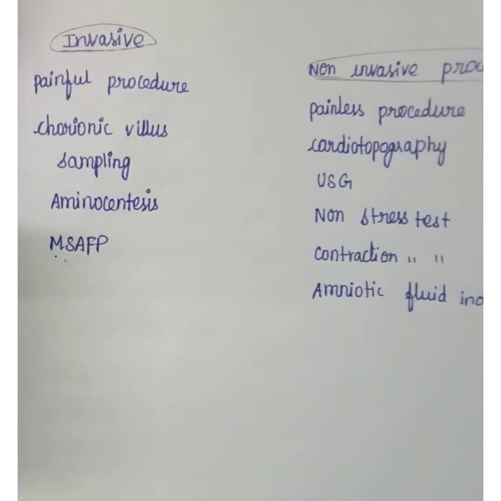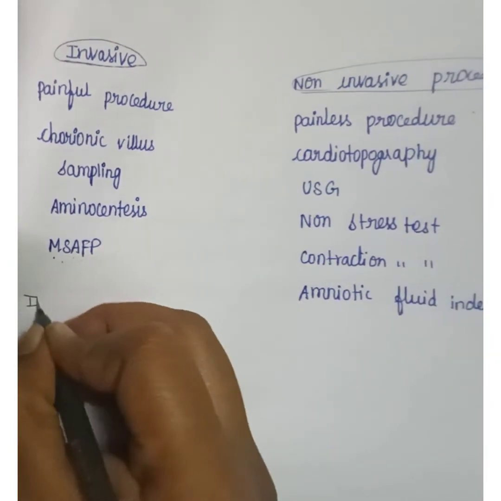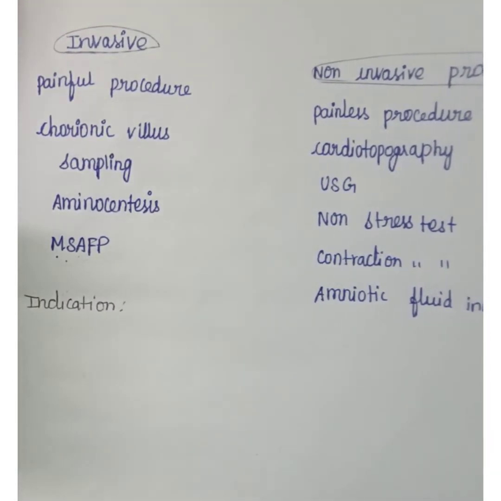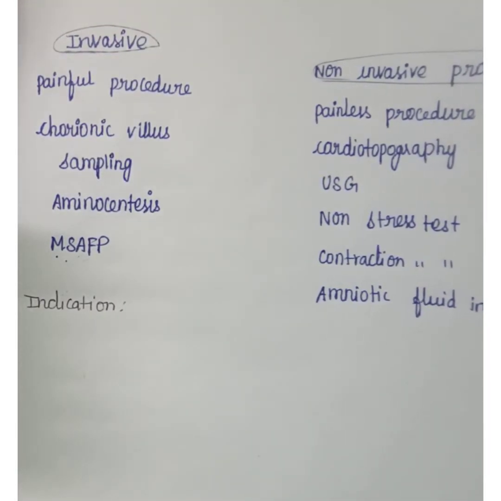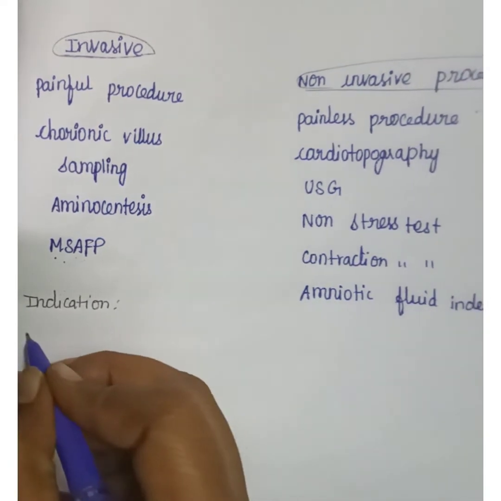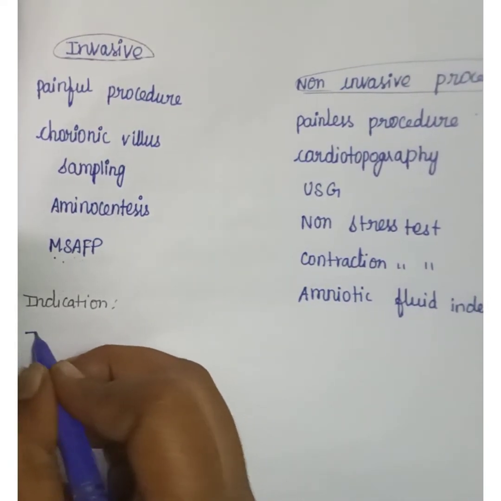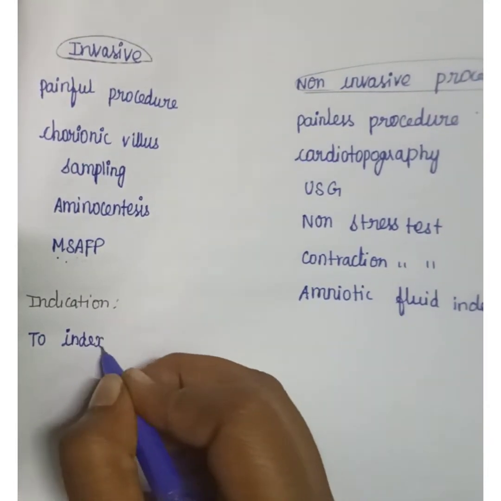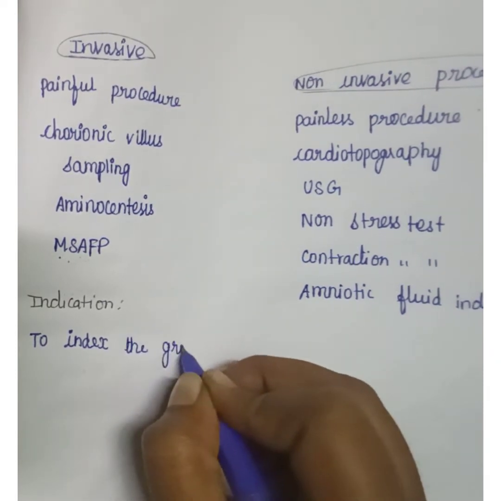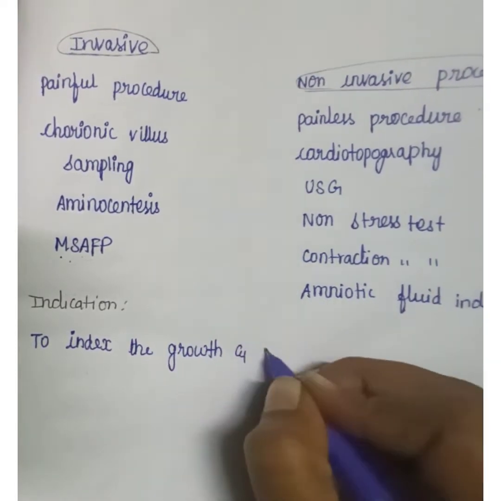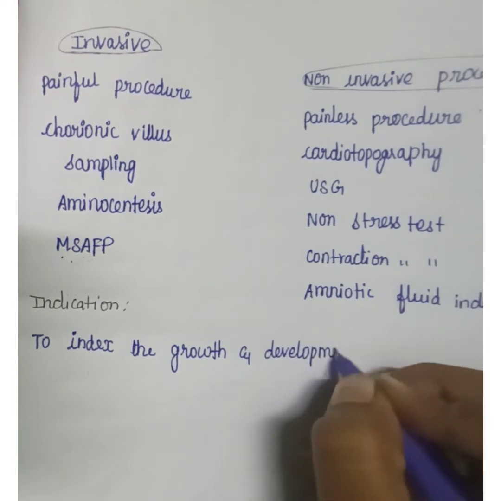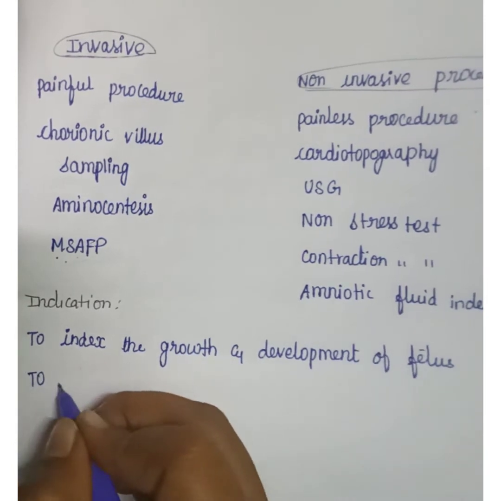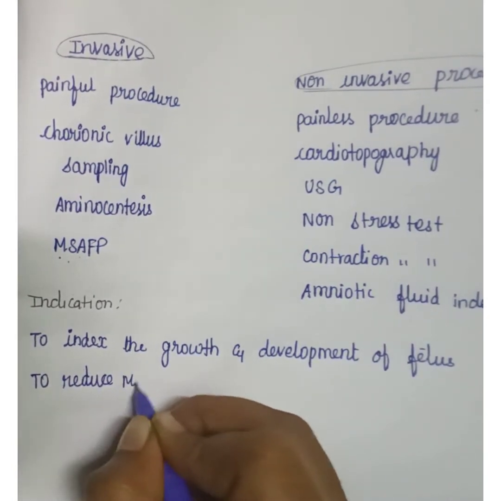So next one is, what are the indications? Indications: it is used to assess the growth and development of the fetus. Next, it is used to reduce the mortality and morbidity rate.